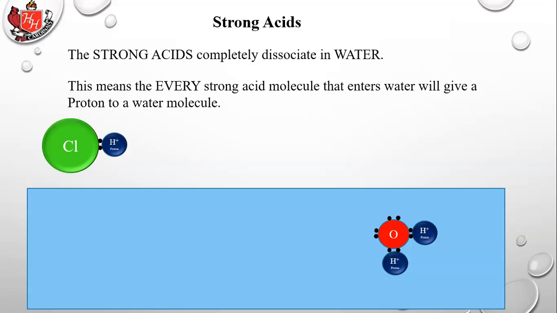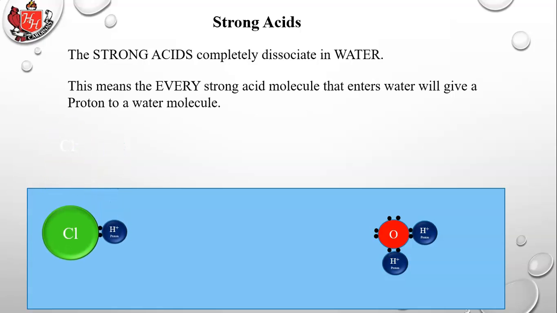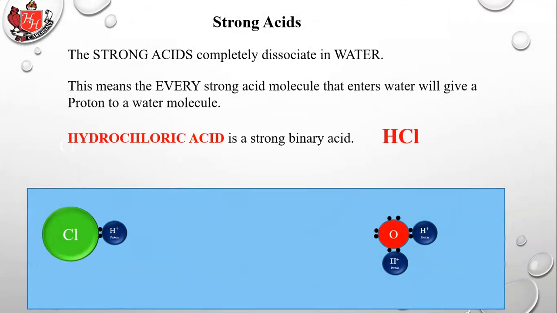The strong acids completely dissociate in water. This means that every strong acid molecule that enters water will give a proton to a water molecule. So here we have hydrochloric acid entering water. Hydrochloric acid is a strong binary acid, so it passes that proton over to the water molecule.